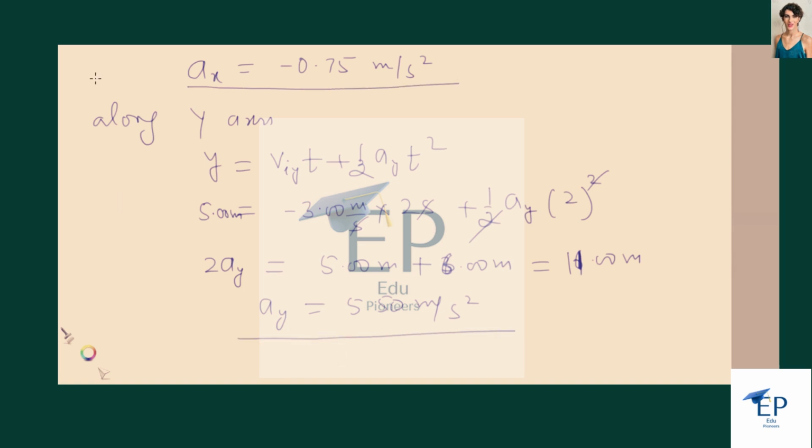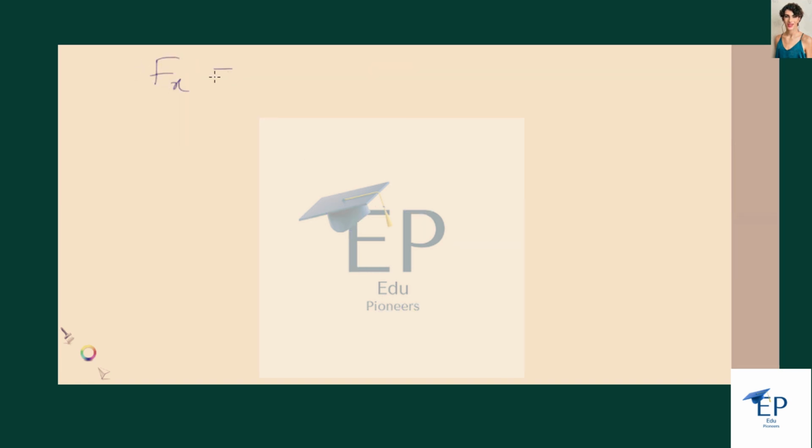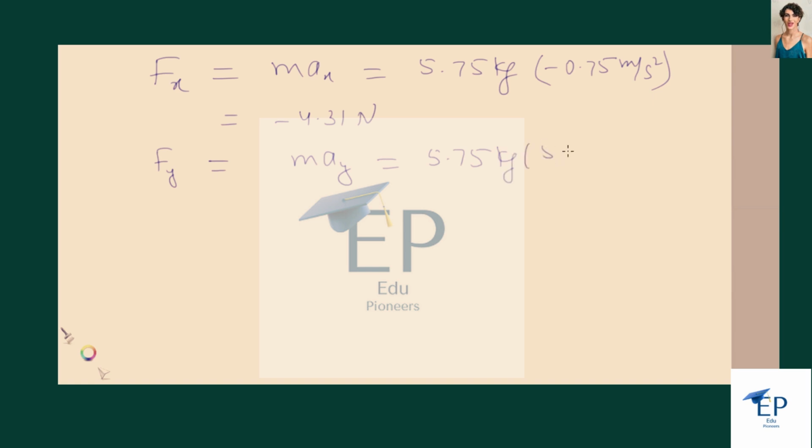Hence, we are able to find the force acting on the particle along the x-axis, which is given as max. So it becomes 5.75 kilogram multiplied by minus 0.75 meter per second square. So finally it comes out to be minus 4.31 Newton. Similarly, the force acting along the y-axis is may, meaning 5.75 kilogram into 5.50 meter per second square.